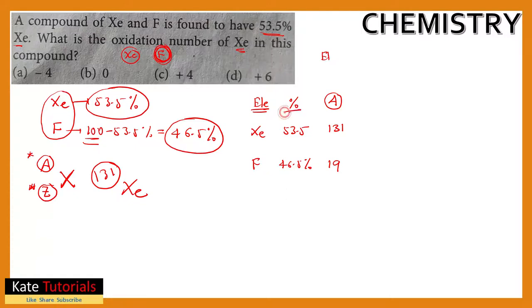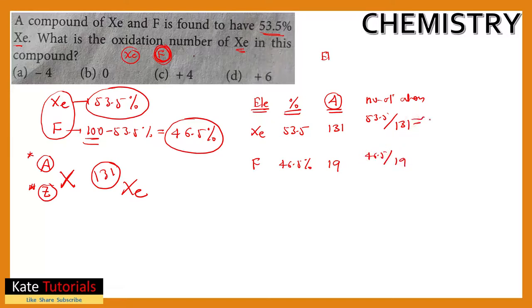So I have the percentage, I have the atomic mass. So I can easily calculate the relative number of atoms. How to calculate the number of atoms? Just divide the percentage by atomic mass: 53.5 divided by 131. Similarly here, 46.5 divided by 19.